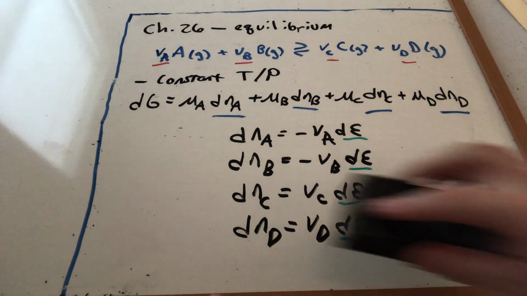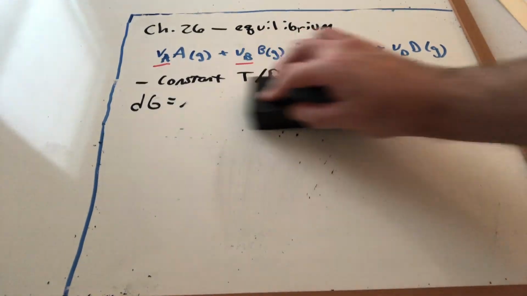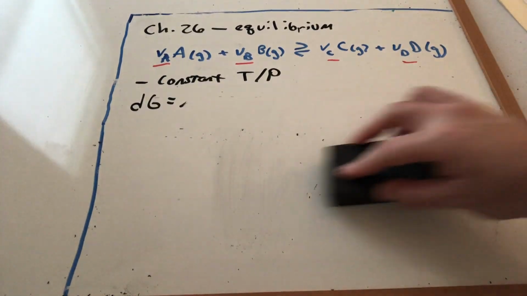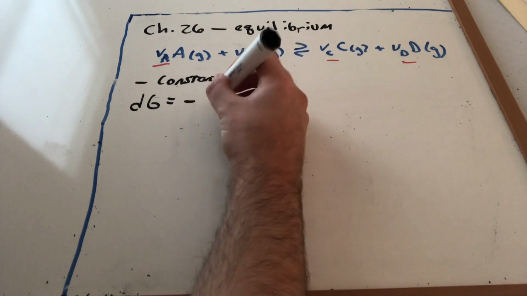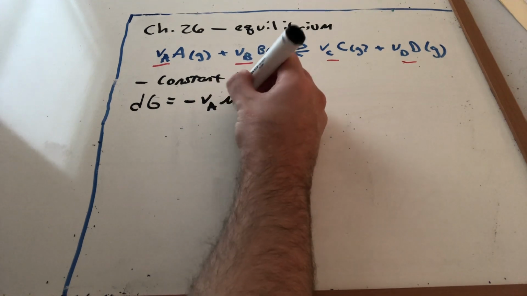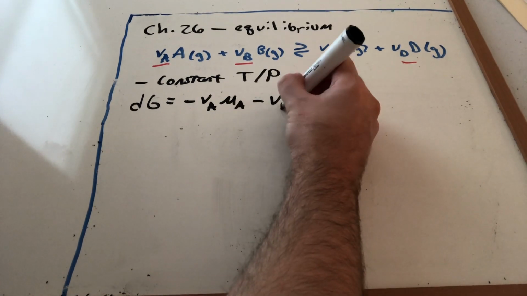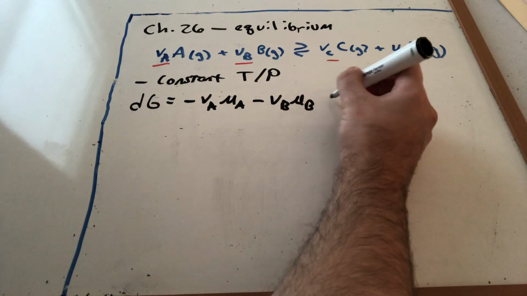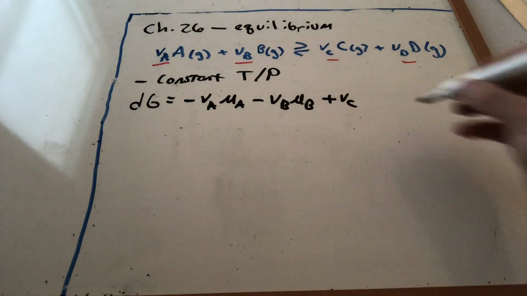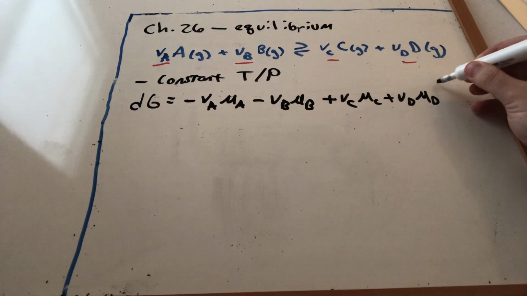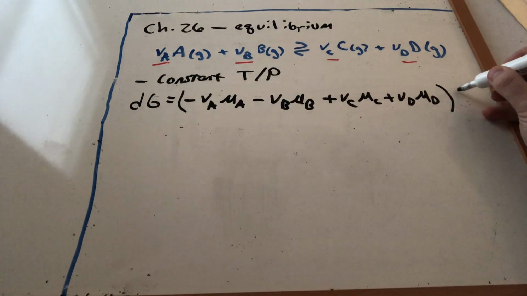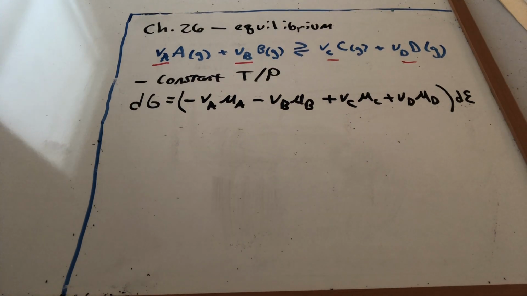If we do that, what we're left with is a d epsilon in every term that we can factor out. And so what we'll have is minus vA mu A minus vB mu B plus vC mu C plus vD mu D, all of that multiplying a d epsilon.